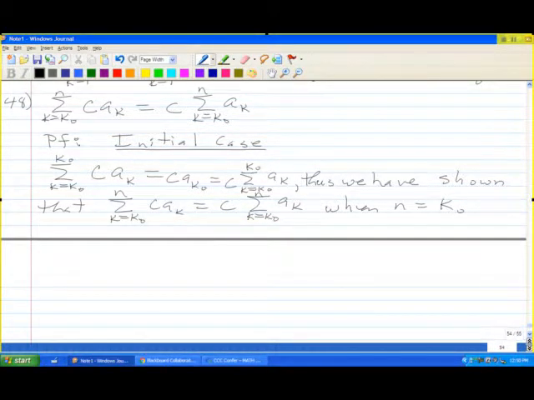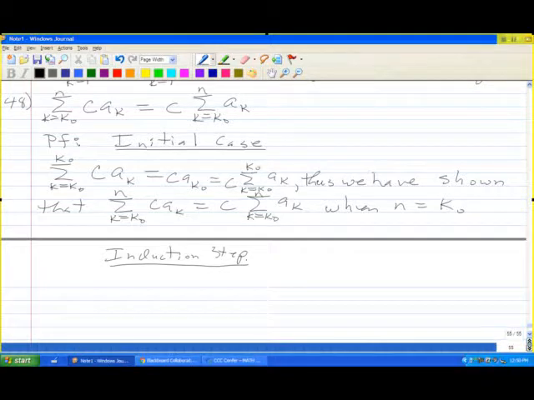So now let's do the induction step. The induction step is to show that if we assume that this is true for n, then that implies that this formula is true for the case when n is replaced by n plus 1.